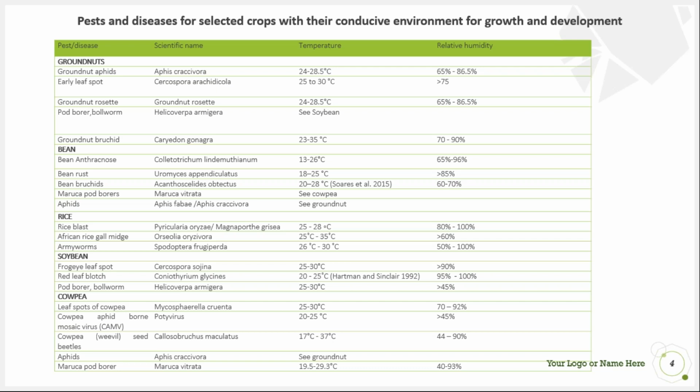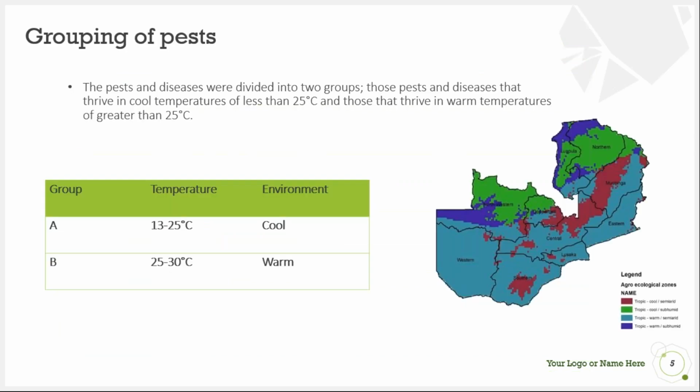And because we could not model each and every pest and disease individually, using the knowledge of the agroecological zones of Zambia, we were able to get a dividing temperature.